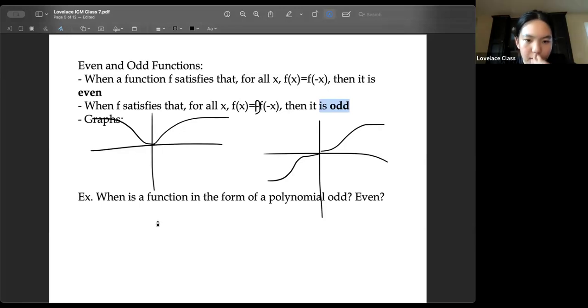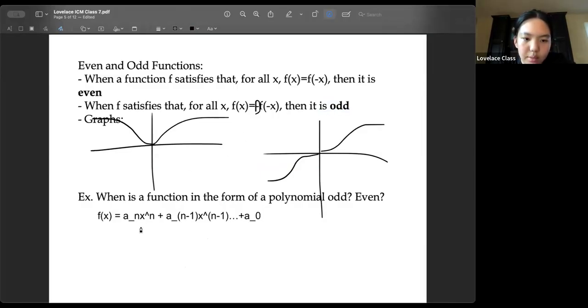Okay, example: when is a function in the form of a polynomial odd? If you aren't familiar, polynomial functions look like a sub n times x to the n, plus a sub n minus 1 times x to the n minus 1, and so on, plus a sub 0. So when is this odd?